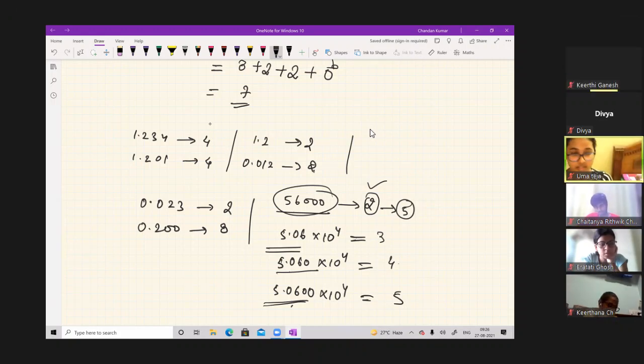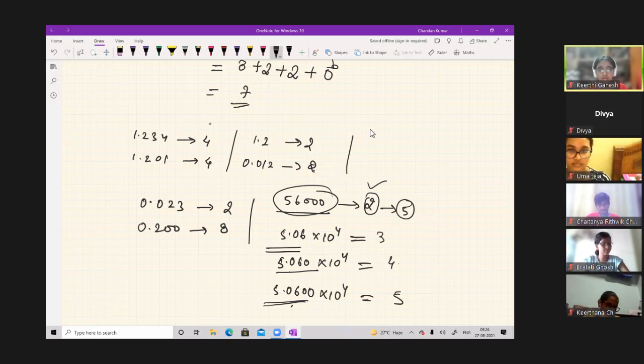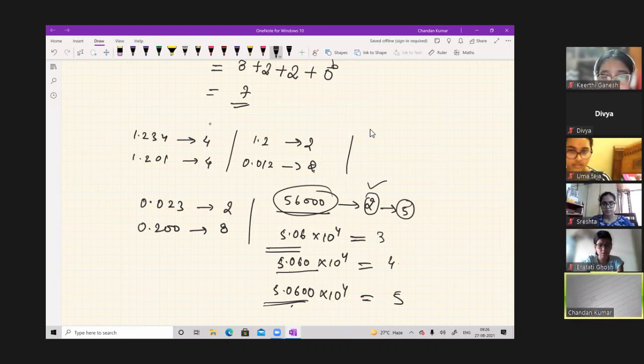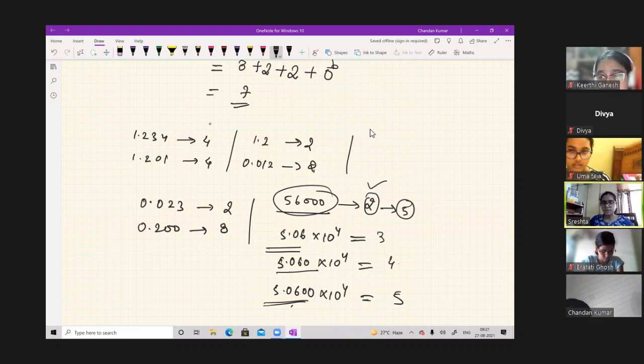So the last one should be 3, no, sir? Hold on. Why should it be 3? Rule number 4, sir. Trailing zeros are not counted without decimals, sir.